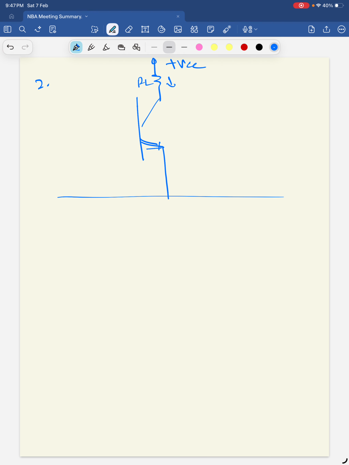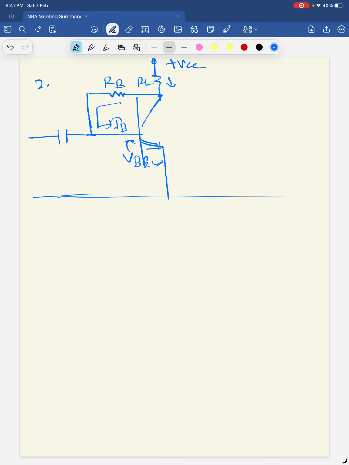This is an NPN transistor. Now collector to base. This is the circuit, so that's why it's called collector to base. So that is RB, and this current is always IB. This is VBE.